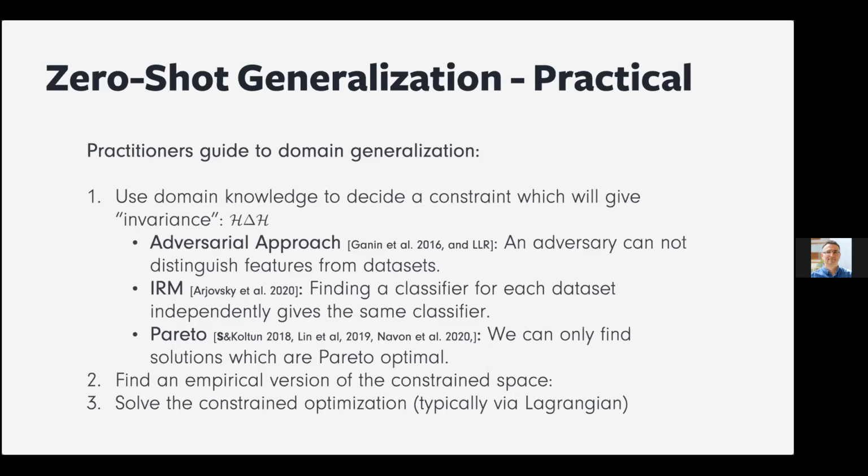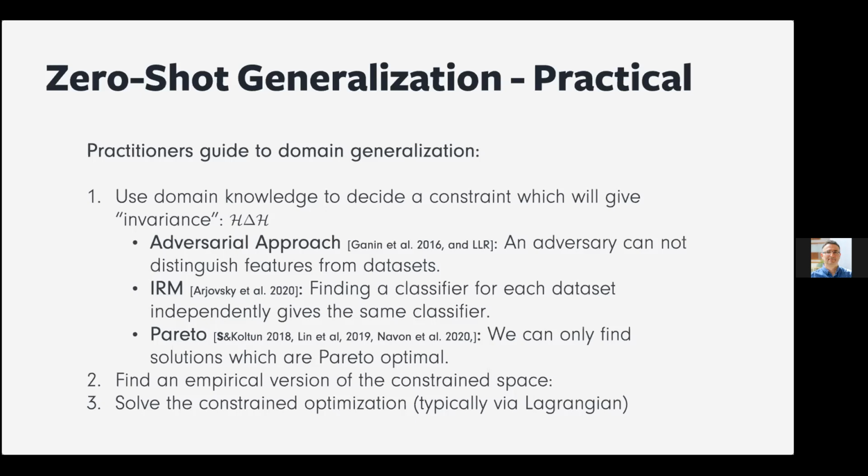Or you can look at our case, which is that I want to look at the Pareto frontier of the different data sets. I want to constrain it in a way that I can only find solutions which are Pareto stationary. So I want my representations to be Pareto optimal. Then you start from this idealized world and convert it into an empirical definition.